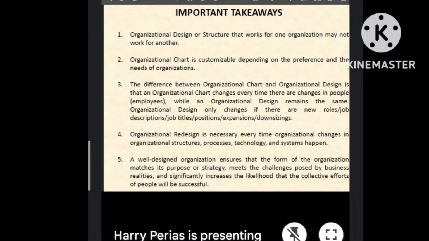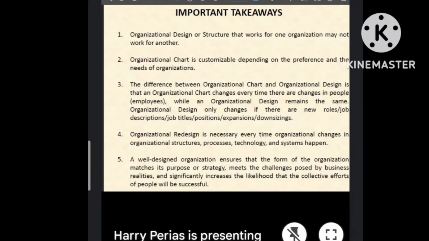So, kailan nga ba nagbabago ang isang organizational design? So, nagbabago yan if there are new roles, job descriptions, job titles, positions, expansions, or downsizings. Okay? So, number 4, organizational redesign. Again, organizational redesign is necessary every time changes in organizational structures, processes, technology, and systems happen.